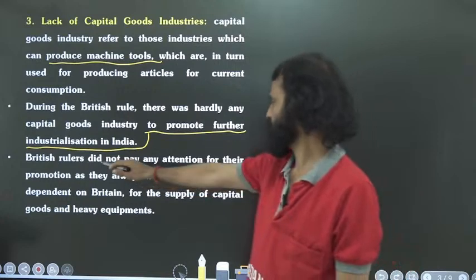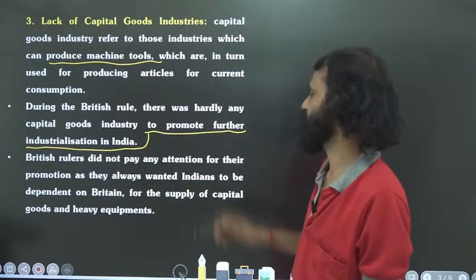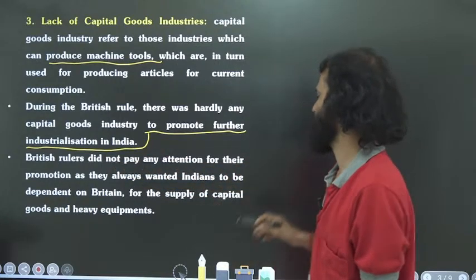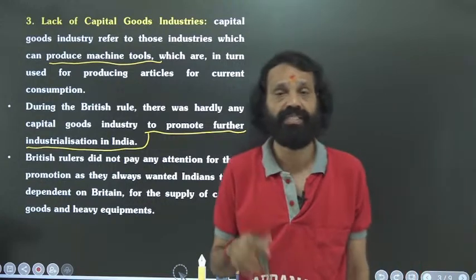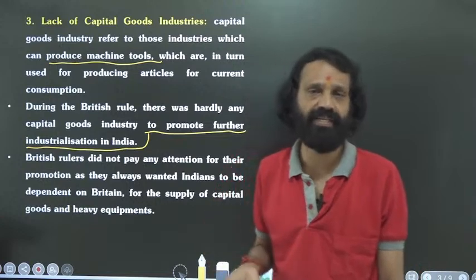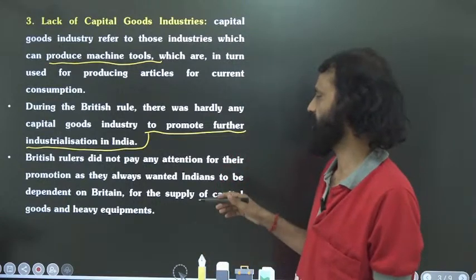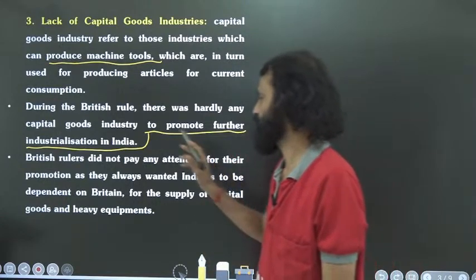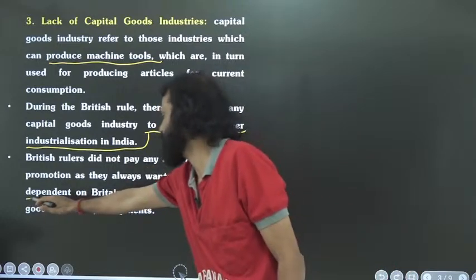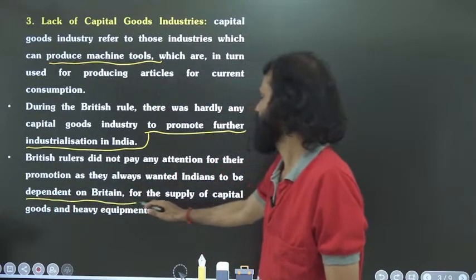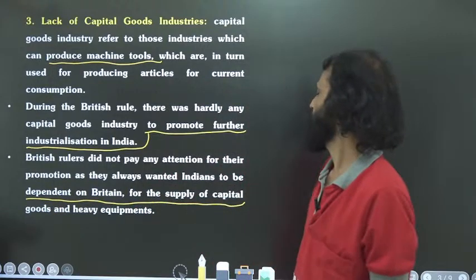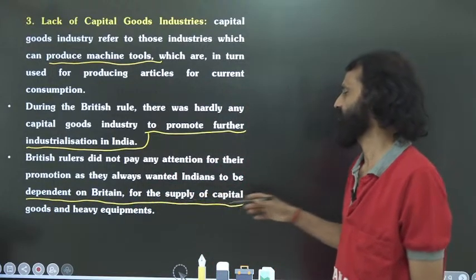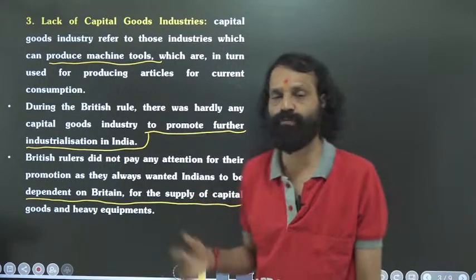British rulers did not pay any attention to their promotion, as they always wanted Indians to be dependent on Britain. Why didn't Britishers promote industrialization in India? Because they wanted Indians to depend on Britain for the supply of capital goods and heavy equipments.